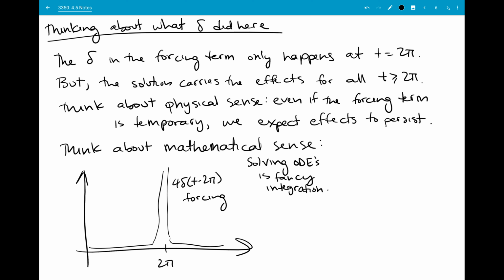We may have gotten away from that intuition these last few sections when we're working with Laplace transforms, but every way that you learned how to solve differential equations up to this point involved manipulating them and using some neat integration to get an answer.